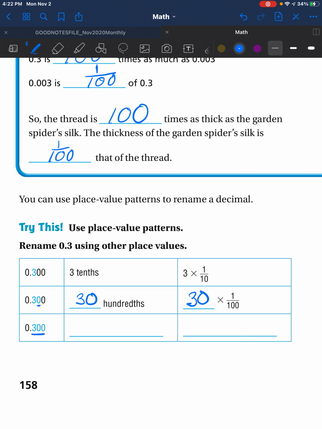Next, we have the 300 in blue. So this time it would be 300, but 300 what? Tens, hundreds, it would be thousandths. So here I would write 300 times 1/1000. Okay?